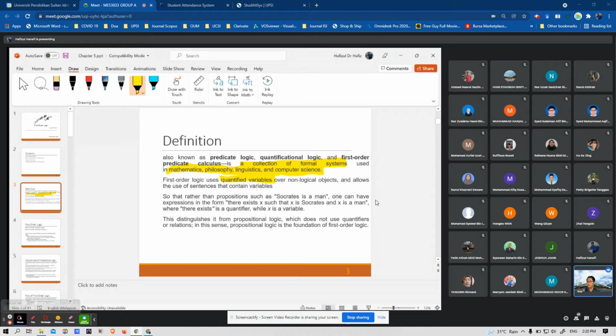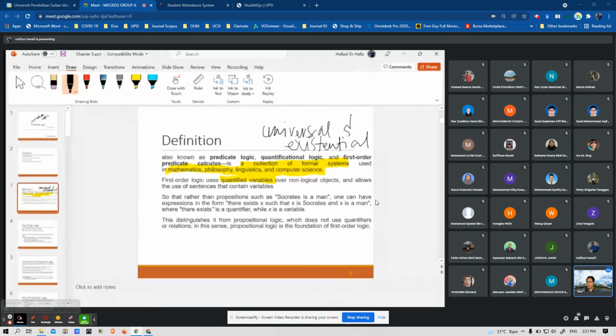For example, you can have universal quantification and existential quantification over non-logical objects, and it allows the use of sentences that contain variables. Okay, do you have any question so far?